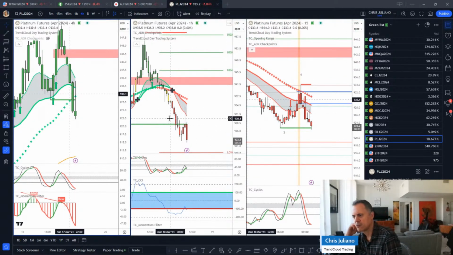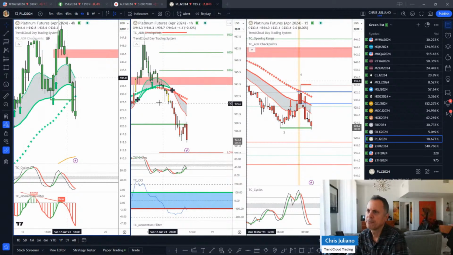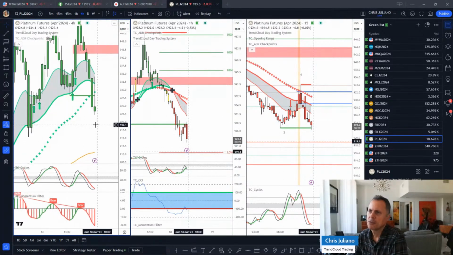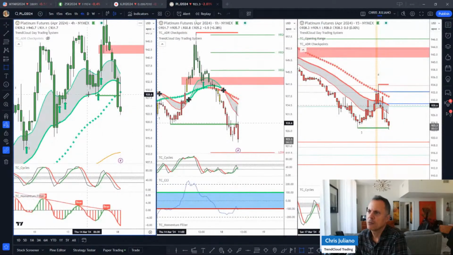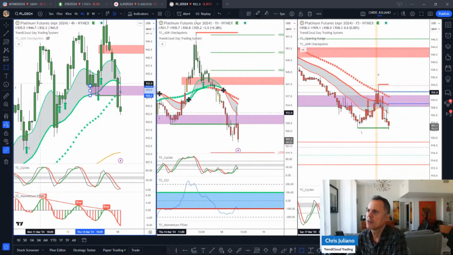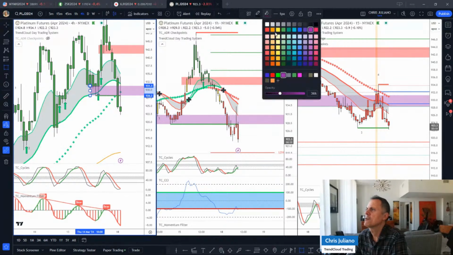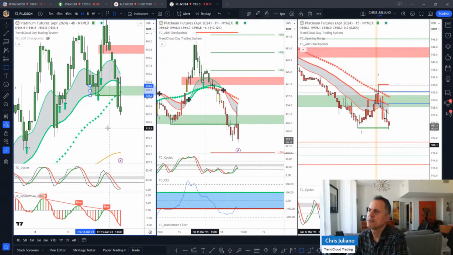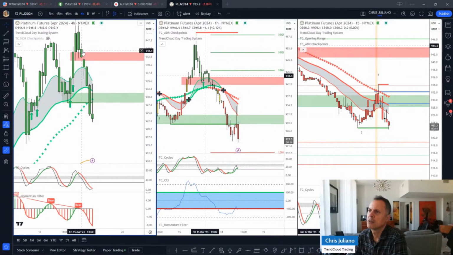So here you go. Here's a great example. What did we have here on the high time frame? Right, we had this demand zone cycling down, momentum is down.